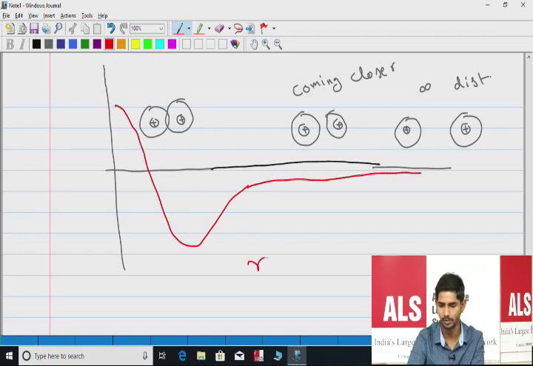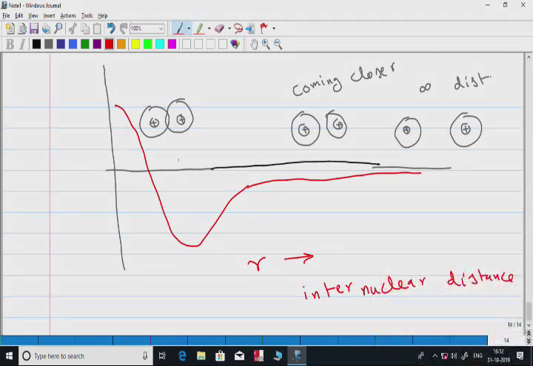And this is your R, internuclear distance. Okay, here at this point, this is your potential energy on this side. Potential energy minimum.